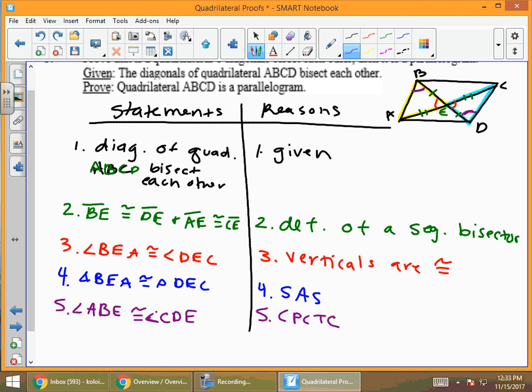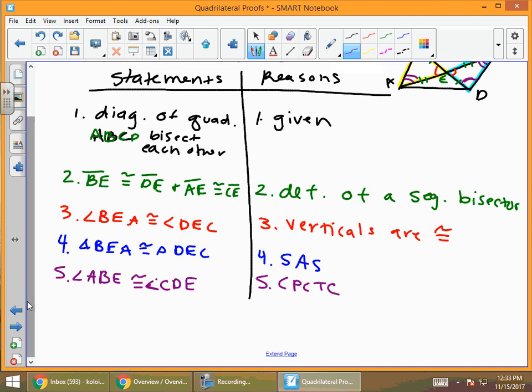Okay. And we're going to say that the other two angles are congruent. So I'm going to say BAE is congruent to DCE by CPCTC. I'm going to write them in the same line.